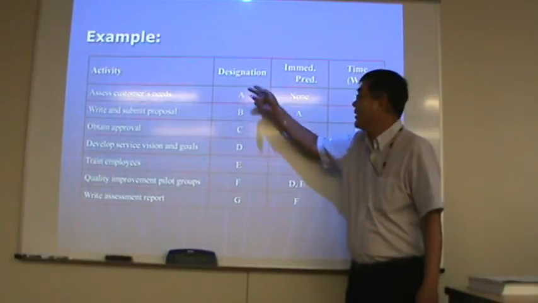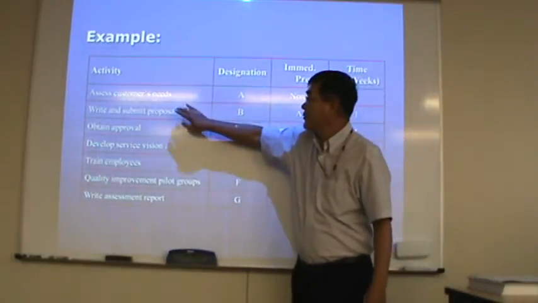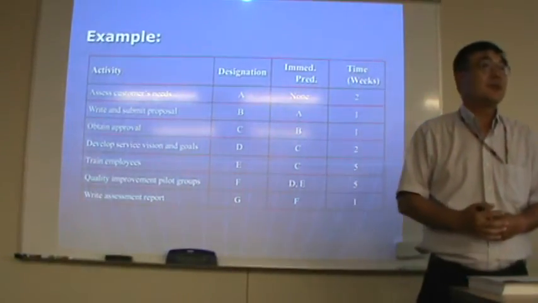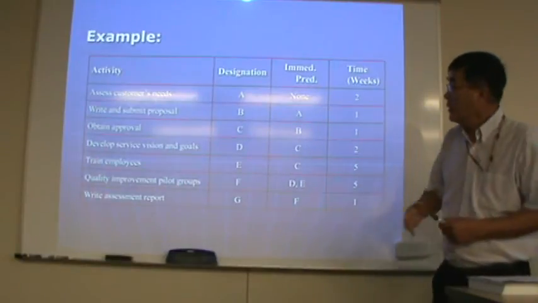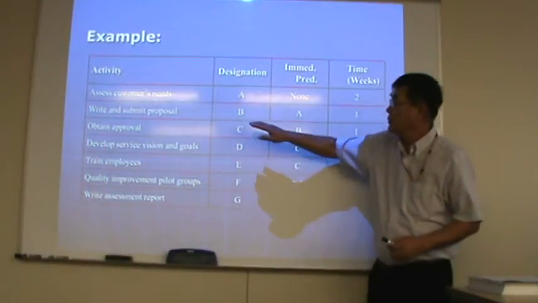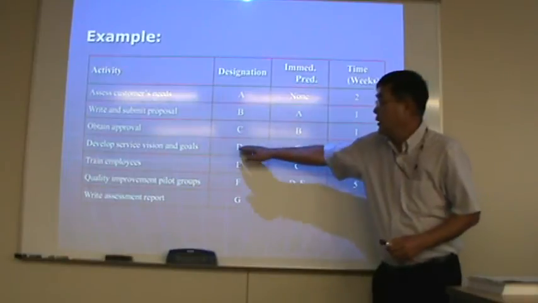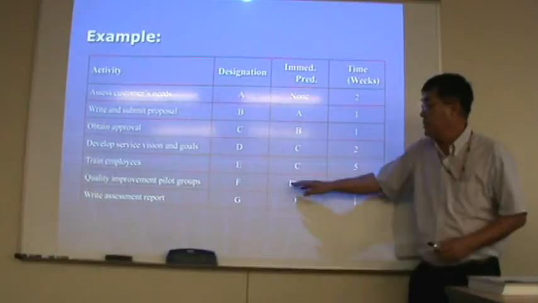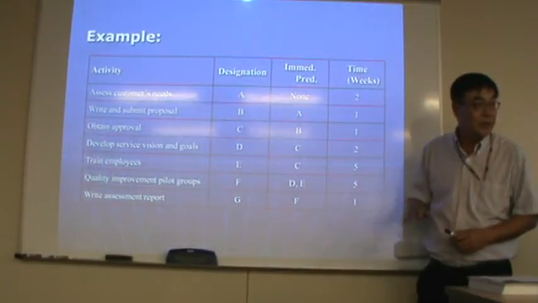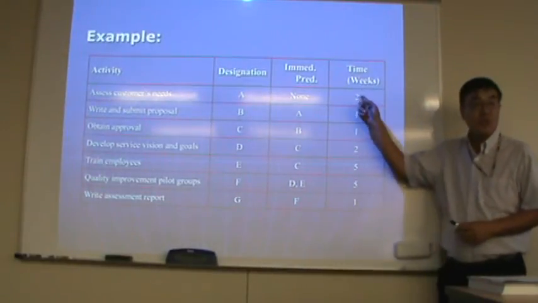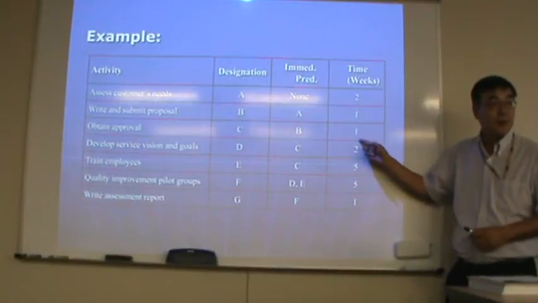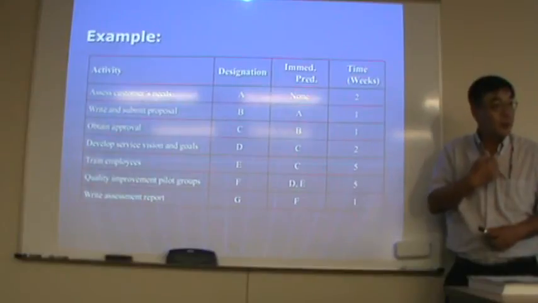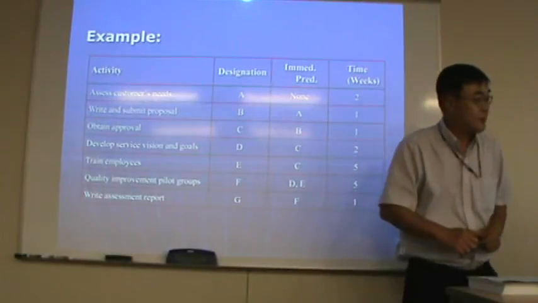So to do this one, that is a kind of prerequisite, predecessor, okay? And C after B, D after C, E after C, F after D and E, something like this. And then each activity time is certain. We know only a single certain time. Then we can use this method.